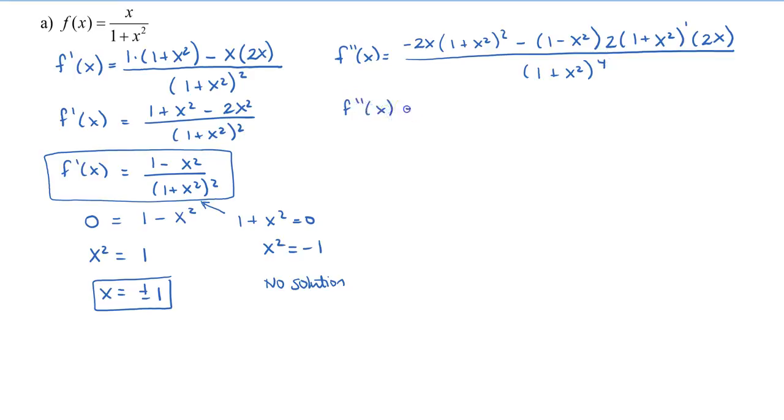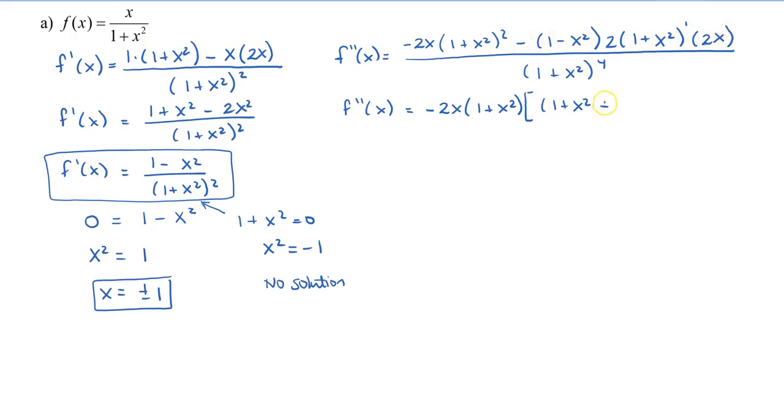Okay, definitely we want to do some simplifying here. Now, one thing that I do notice is that in my numerator, I have a 1 plus x squared in both, and I also have a 2 in both. So what I'm going to do is I'm going to factor this out. Actually a 2x. So I'm going to factor out a negative 2x and a 1 plus x squared. So I still have a 1 plus x squared minus, and so this is factored out, and so is the minus sign.